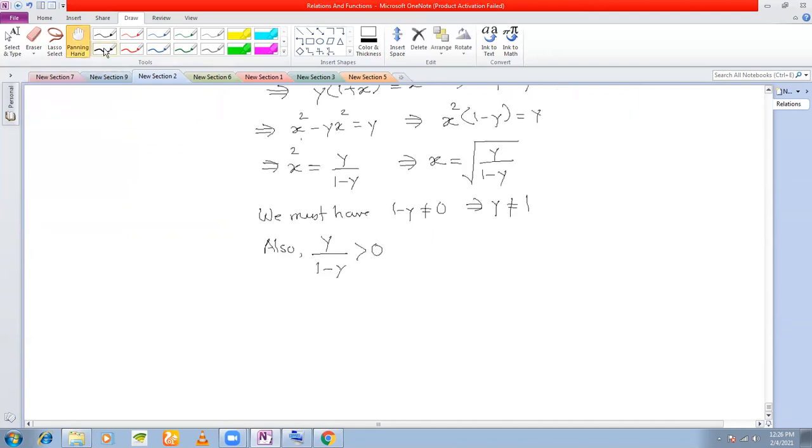In this case, what happens? Case 1: when numerator is positive and denominator is positive, then the fraction is positive.